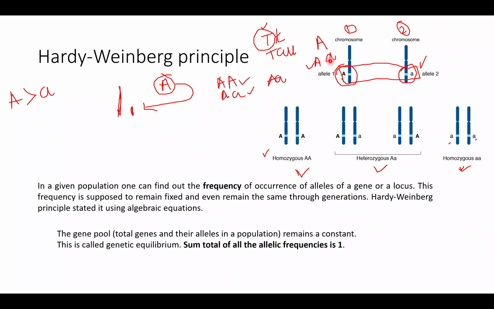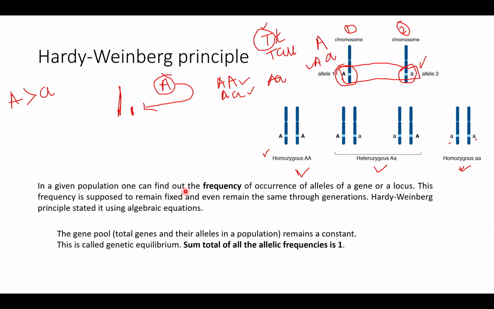So now you are clear about allele, capital A, small a are alleles of the gene height, let's say. So Hardy-Weinberg principle can find out what is the frequency of the allele. What is the frequency of capital A? What is the frequency of small a?